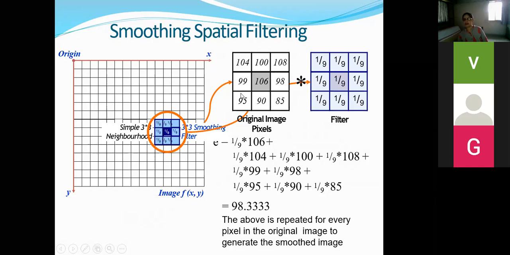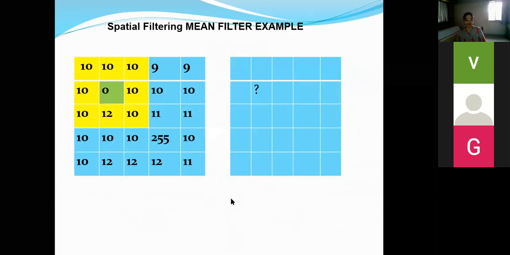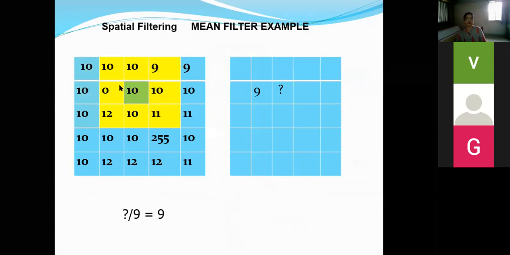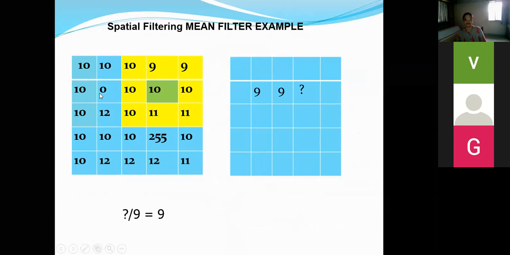And then we consider all its neighbors, 1 by 9 into 104, 1 by 9 into 100, and so on. So we consider all the 9 pixels under the neighborhood. I hope the doubt is clear. So we completed the first 3 pixels, these 3 pixels from the second row.